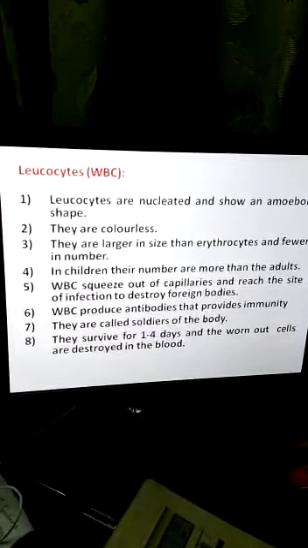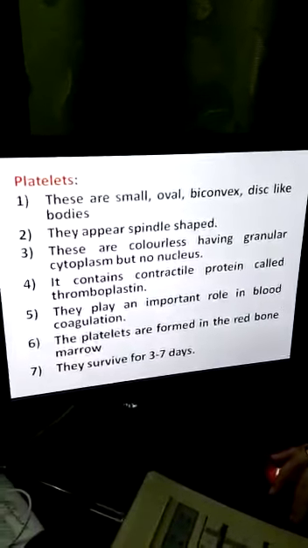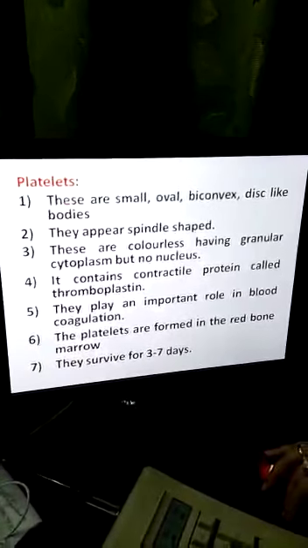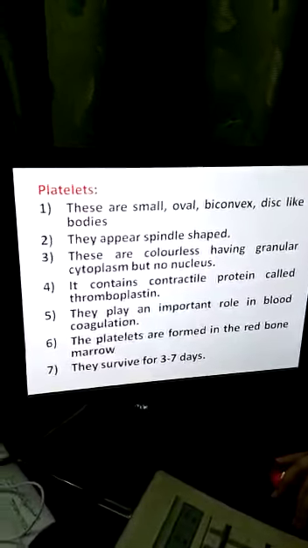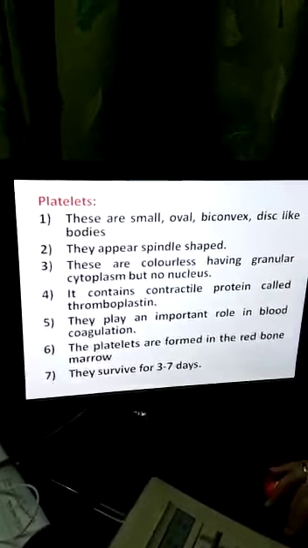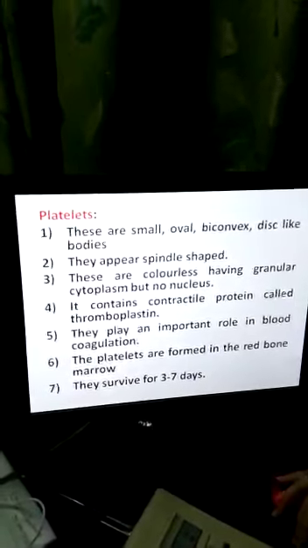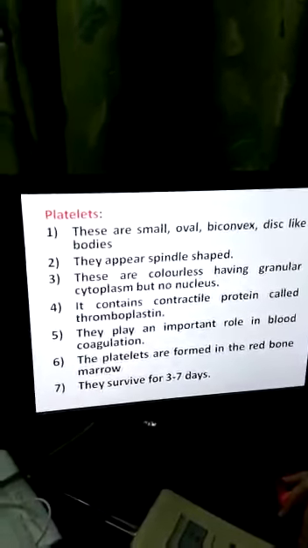Next is platelets. These are small, oval, biconvex, disc-like bodies. They appear spindle-shaped. These are colorless, having granular cytoplasm, but no nucleus. It contains a protein called thromboplastin. They play an important role in blood coagulation. The platelets are formed in the red bone marrow and they survive for 3 to 7 days.